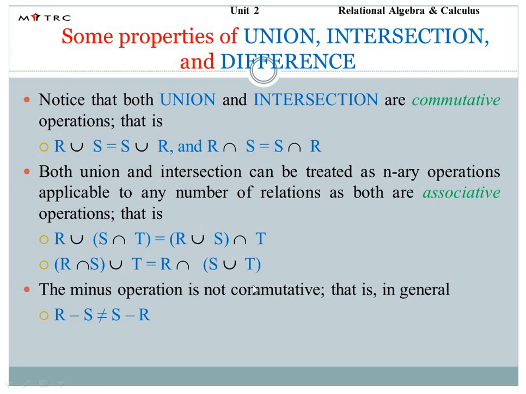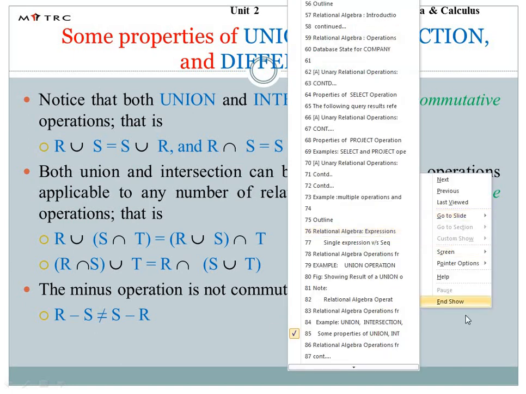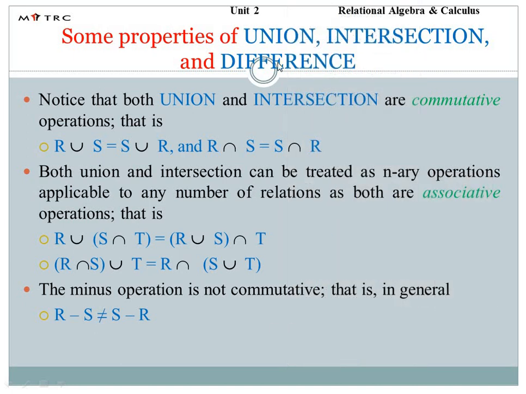That is associativity. Minus is not commutative, that is R minus S is not equal to S minus R. So these are some properties of the different types of operations: union, intersection and difference.